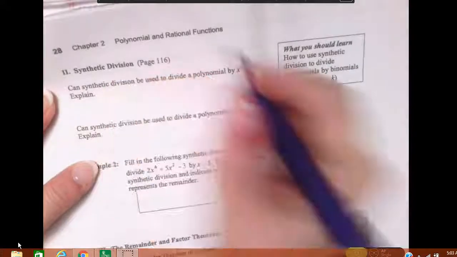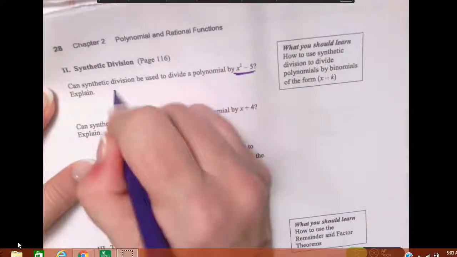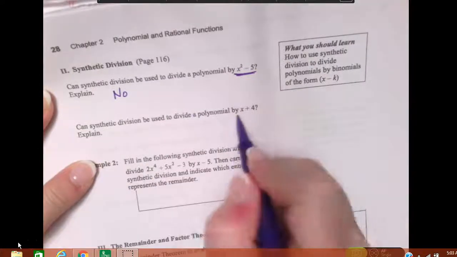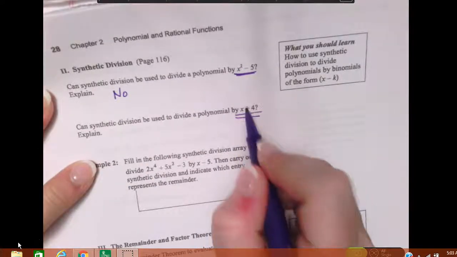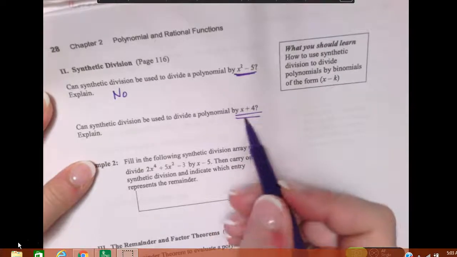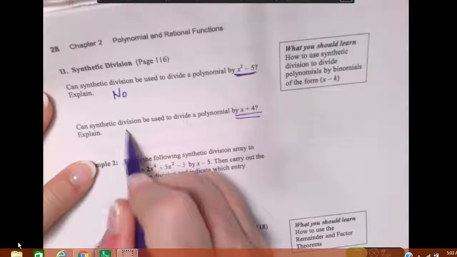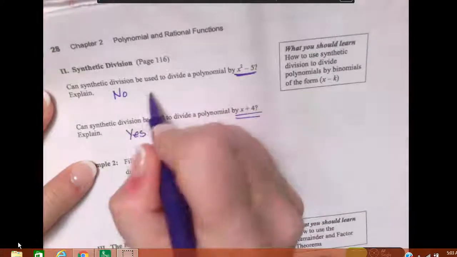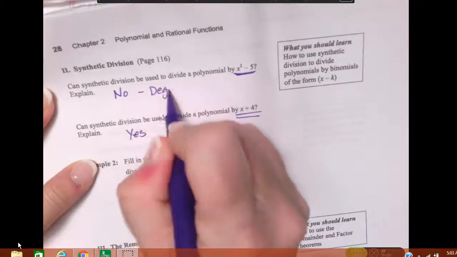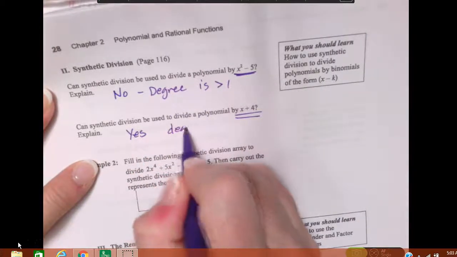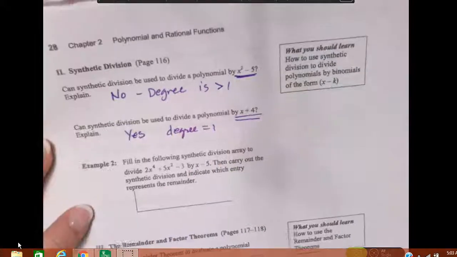If we have an x squared term, then no, we can't use synthetic division. If we want to do x plus 4, we can divide any polynomial by a first order binomial. So the degree is greater than 1 there, and here the degree equals 1.